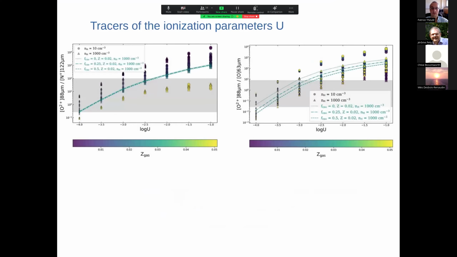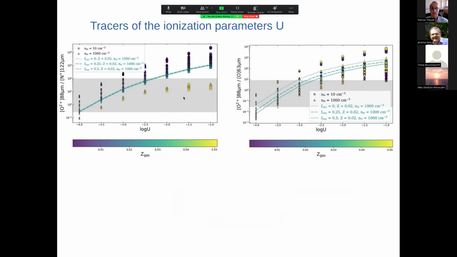Then we have all the lines, and we can try to find line ratios which are tracing a component. So for example, here, ionization parameters. We are looking for a line ratio that varies strongly with the parameter, but ideally weakly with other parameters like the density or the metallicity, and compare to the observations in gray.